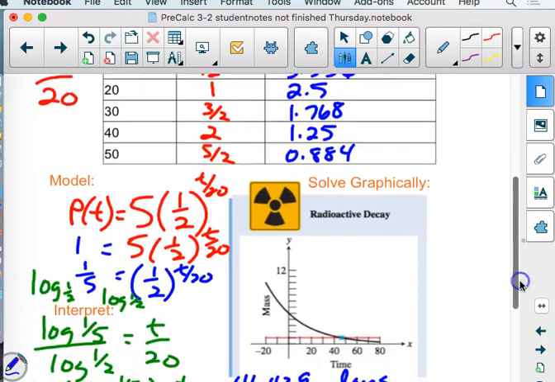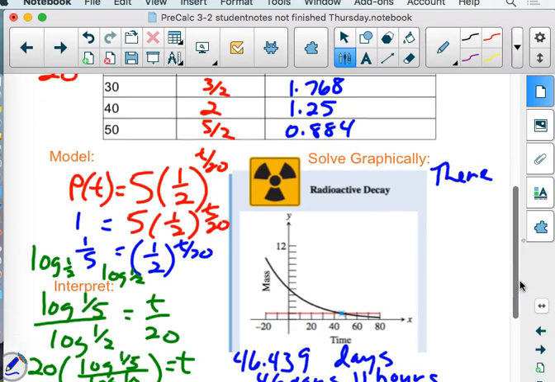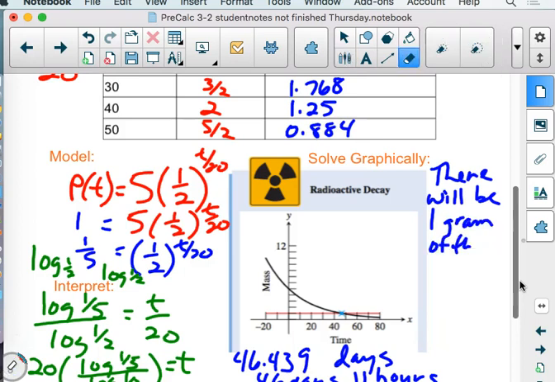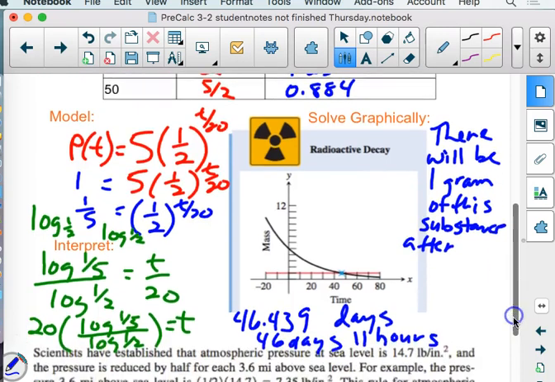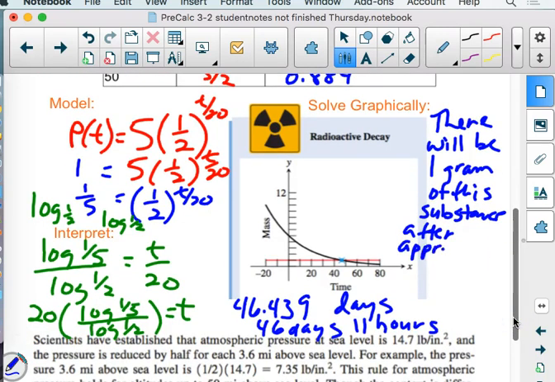So there will be 1 gram of this substance after approximately 46 days and 11 hours.